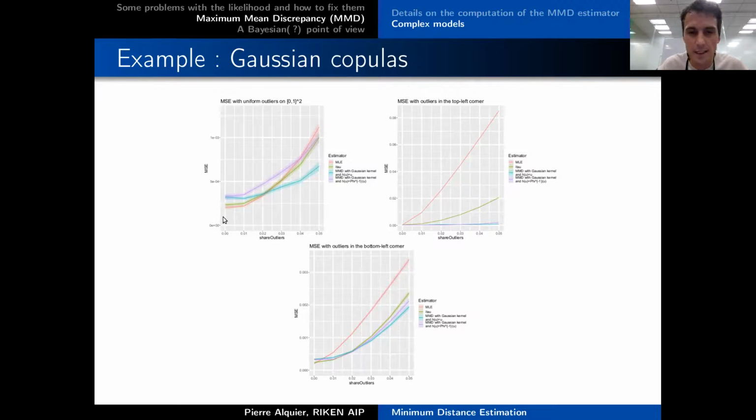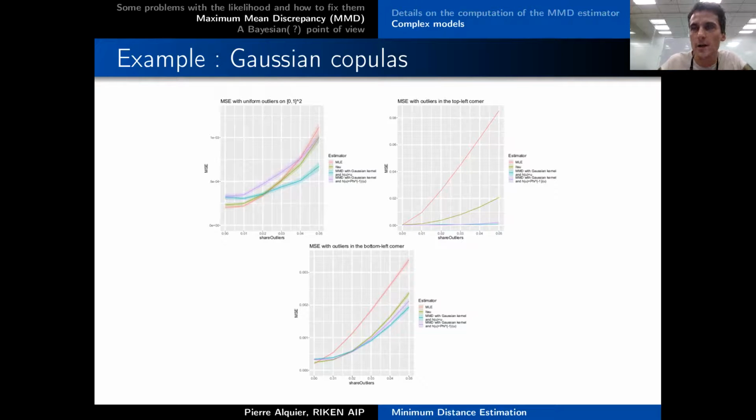MLE is asymptotically efficient, and MMD is not. We have a small gap in the variance. But as soon as you have a little contamination, it's the opposite, of course: MMD is more robust.